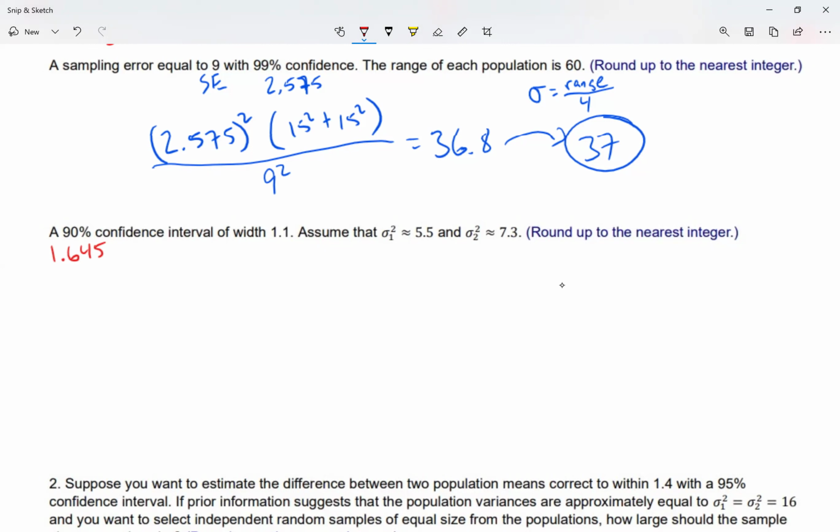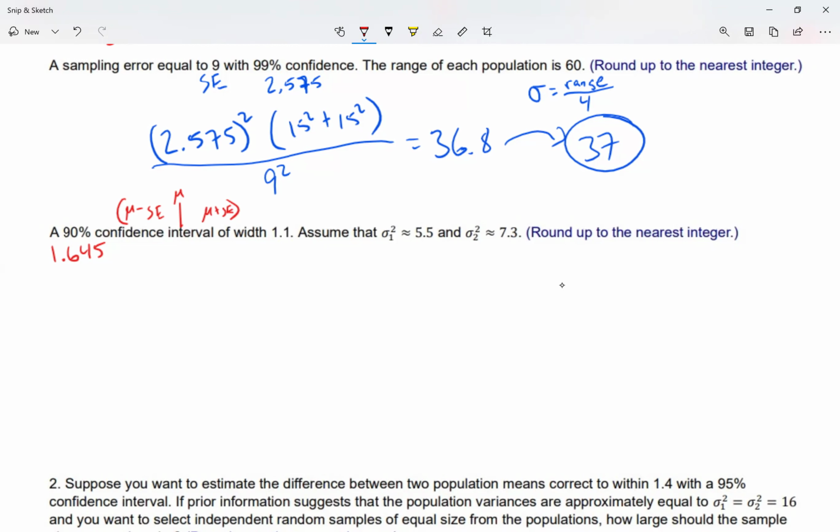Huh, this is interesting. My standard error, my sampling error is not 1.1. What I'm saying is that I know that I have a small number. Remember, it was mu minus the standard error, and then the big number is mu plus standard error. And then my mu is in the center, right?